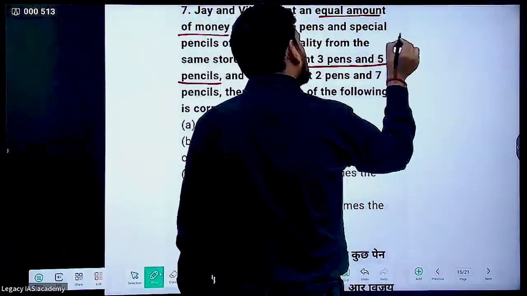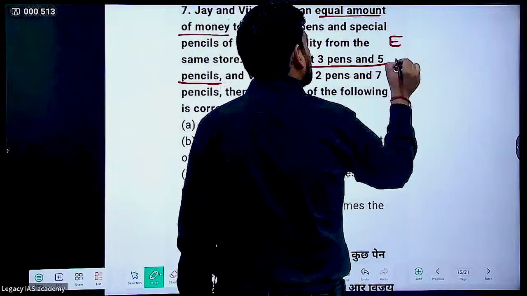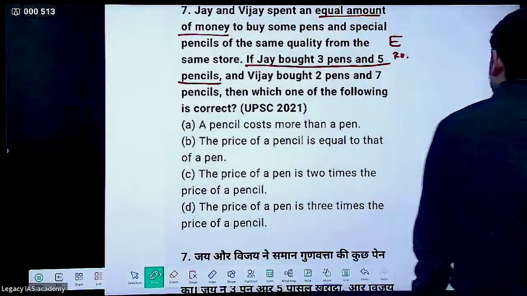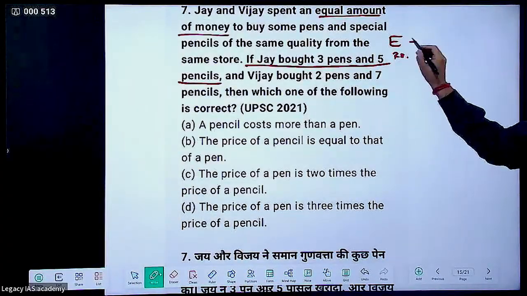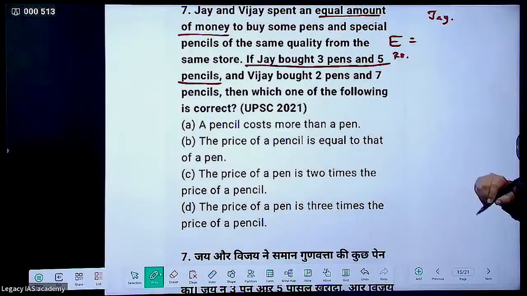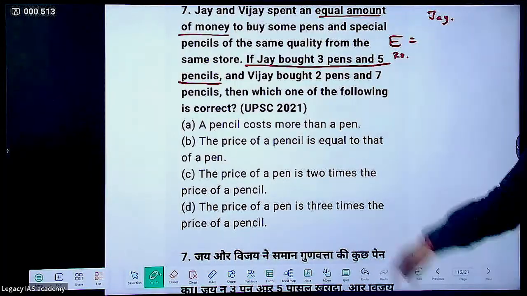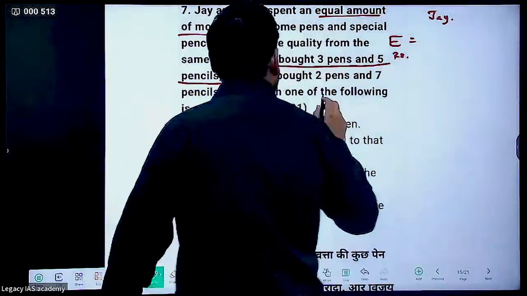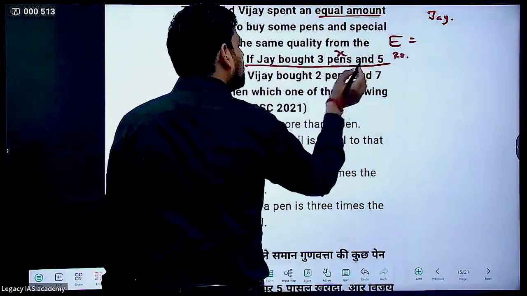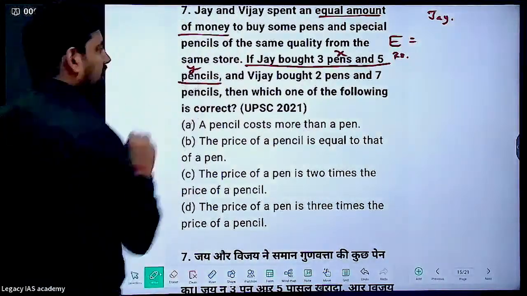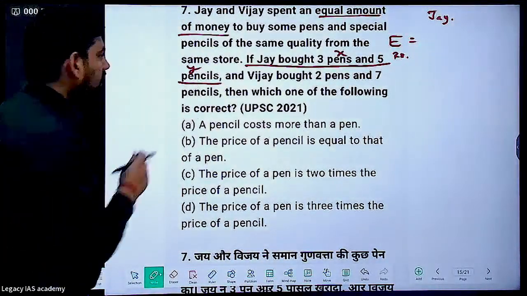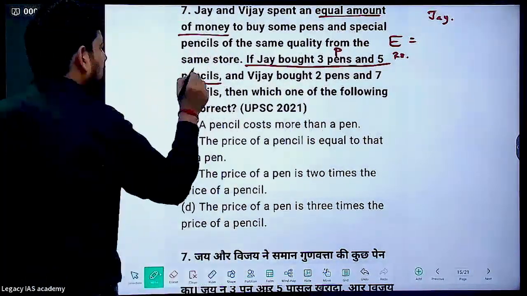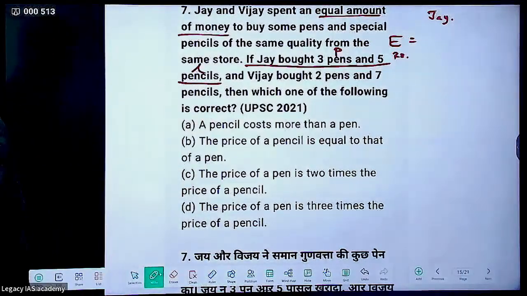So, let's say both of them spend E rupees. Now, I'm writing for Jay. How much has Jay spent? Let me take pens as P and pencils as L. It does not matter.